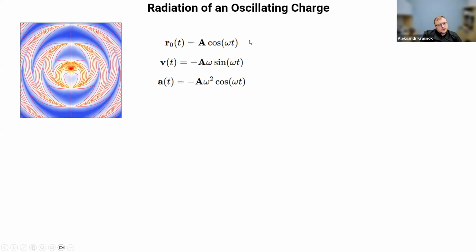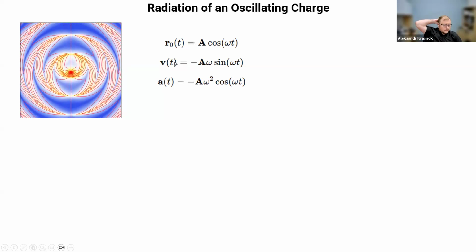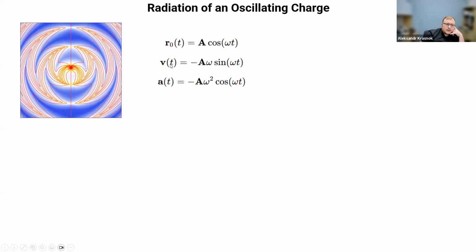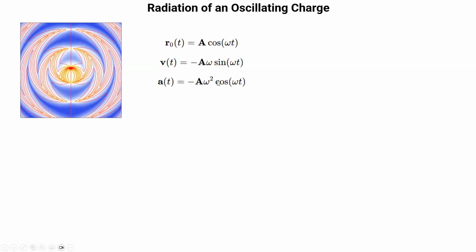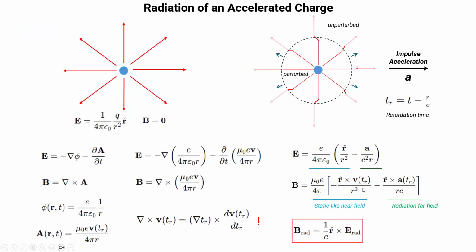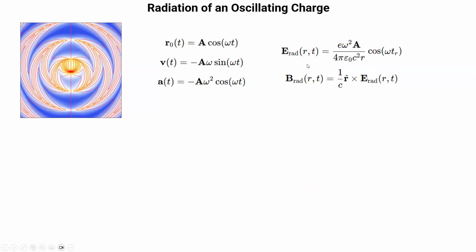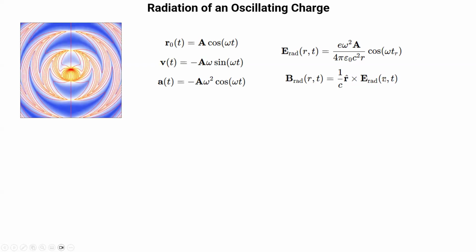Taking the derivative, I find the velocity, which is a sinusoidal function, and taking the derivative again, I get the acceleration. Substituting this acceleration into the equations for the electric and magnetic field, I come to these equations for the radiated electric and magnetic field.